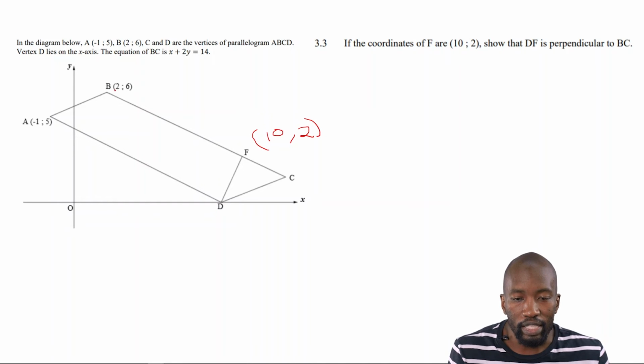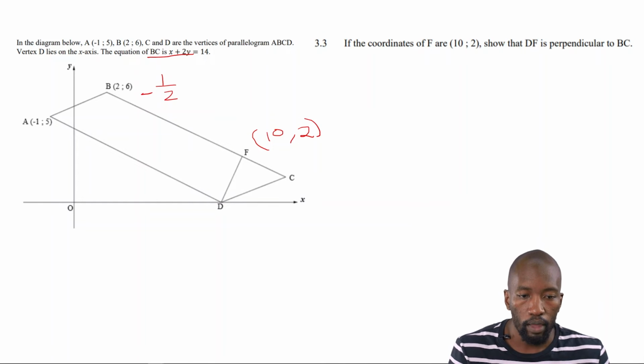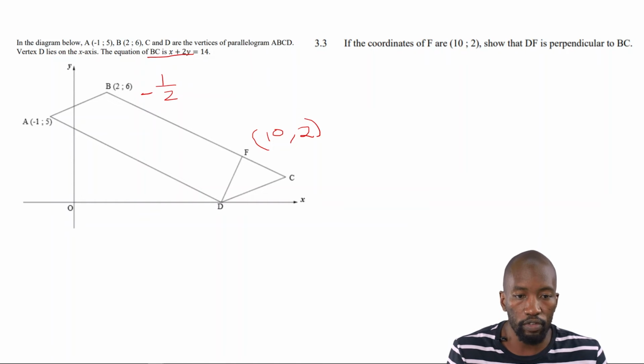If the coordinates of F are 10 and 2, show that DF is perpendicular to BC. Okay, remember the equation of BC. We put it in order, and we found that the gradient of BC was negative 1 over 2. Now, what we need to do is find the gradient of DF and check if it's perpendicular to BC. So here we know that we have coordinates 9 and 0.